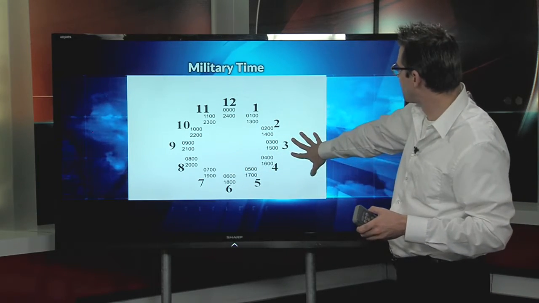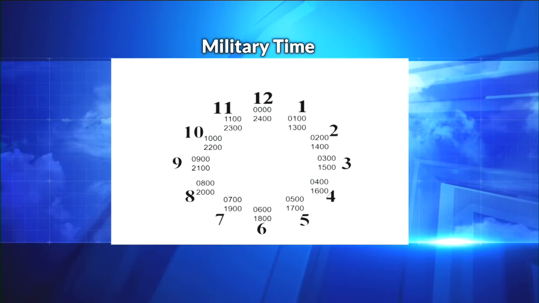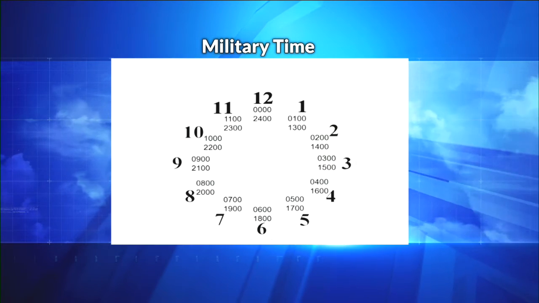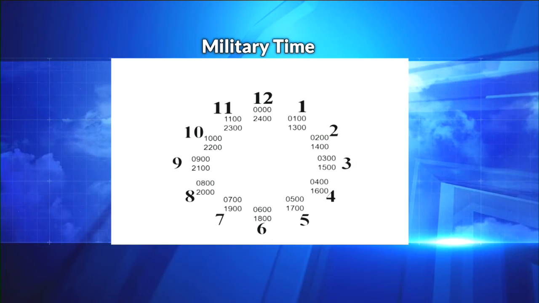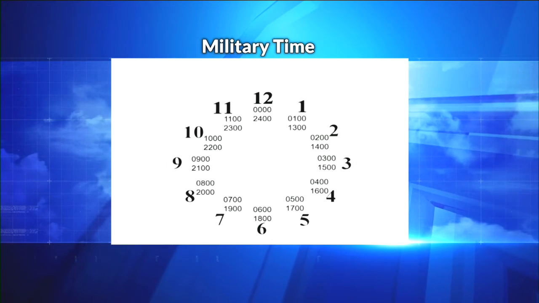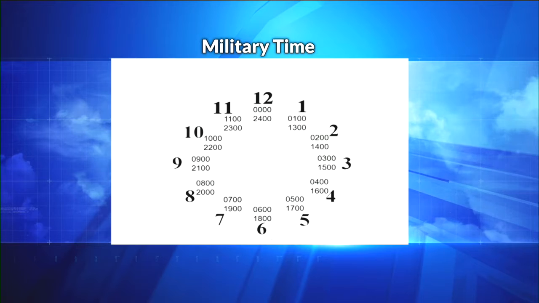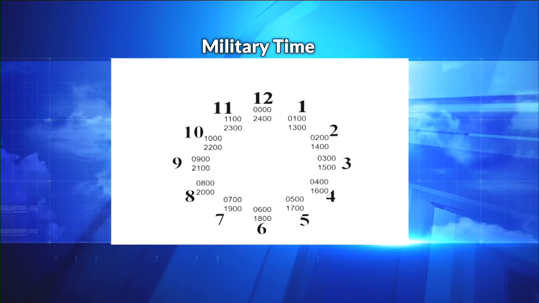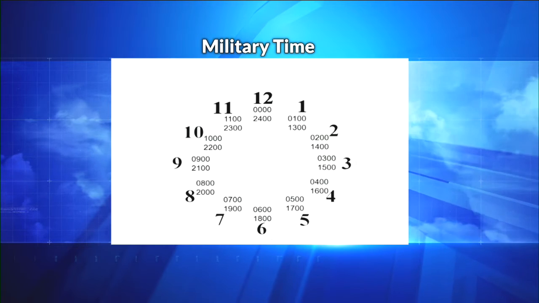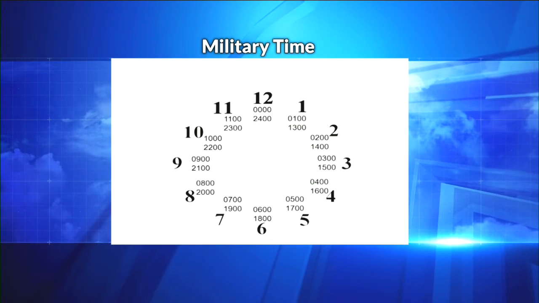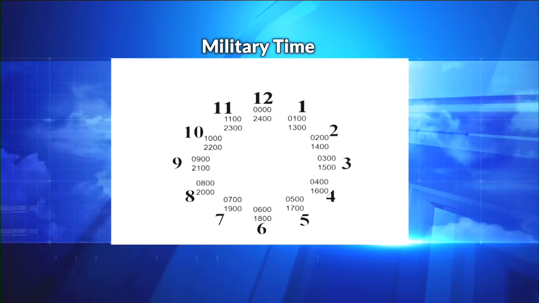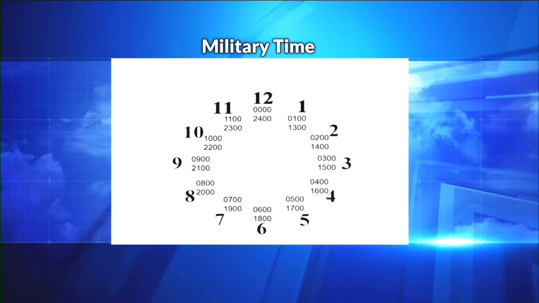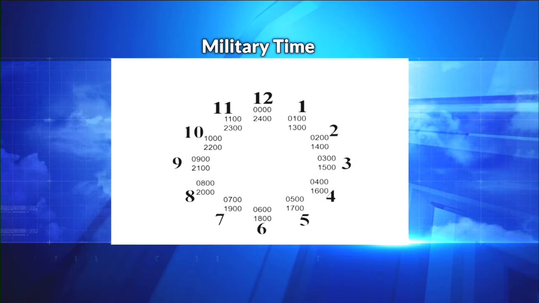Let's bring this one up full just so you guys can get a good look at that one. So again, military time, 24-hour clock, all right? And you can see how it coordinates going around. So 1 o'clock a.m., 1, 2, 3, 4, so on and so forth. But then when we get to noon, again, it keeps going round and round. 13, 14, 15, so on and so forth.